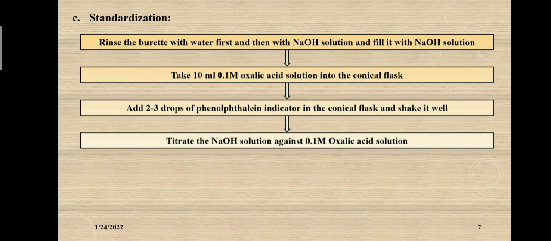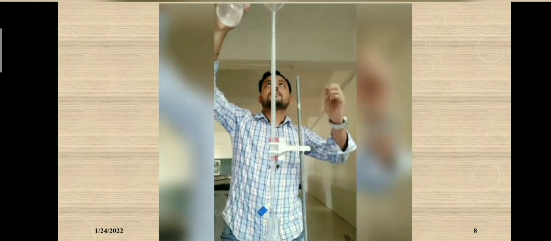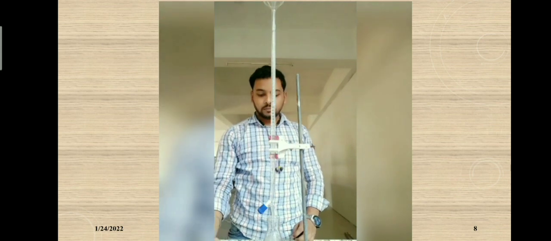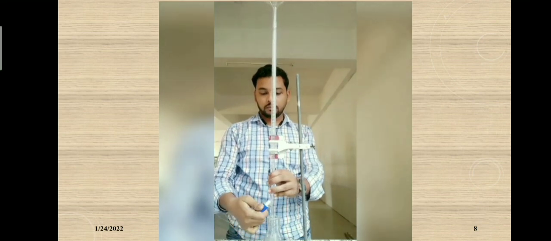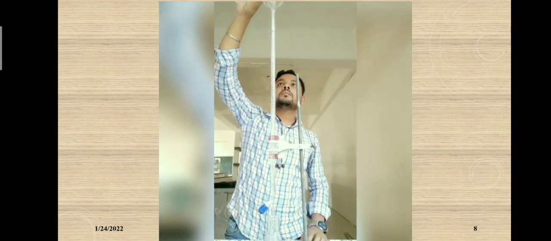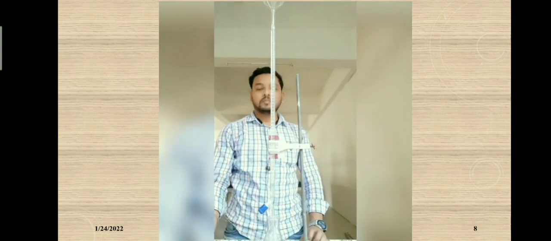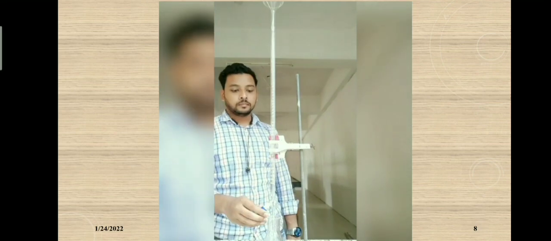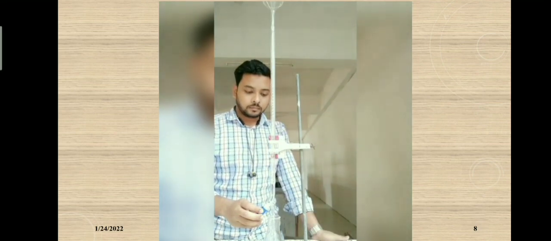Now we will discuss the procedure. First, you can see that the burette was rinsed with normal water. By opening the stopcock, the water was passed to check its flow from the mouth, and after that it was filled up with water, which passes from the mouth into the conical flask.